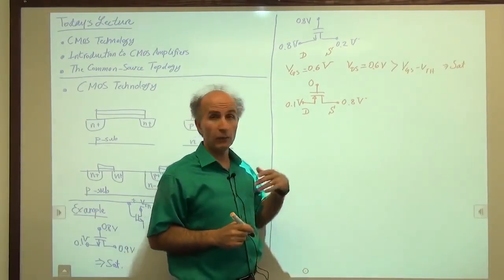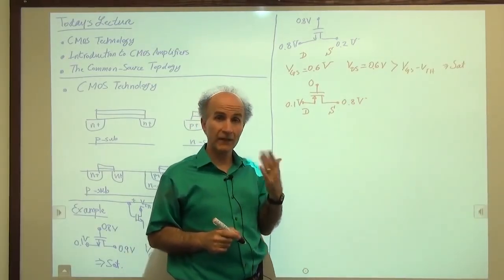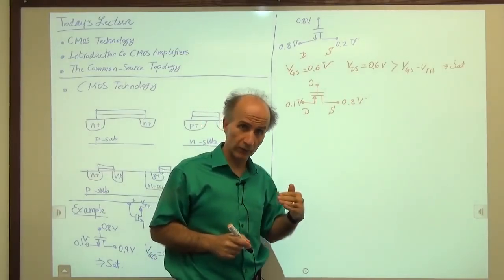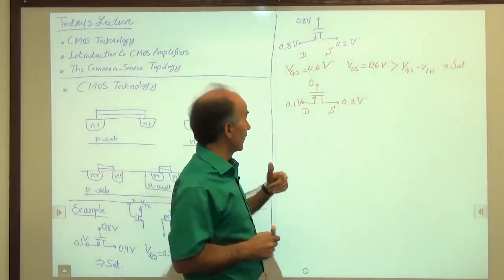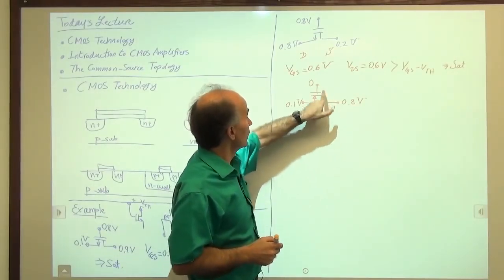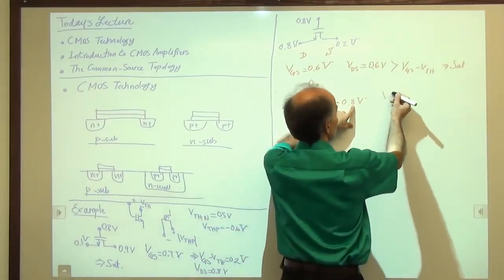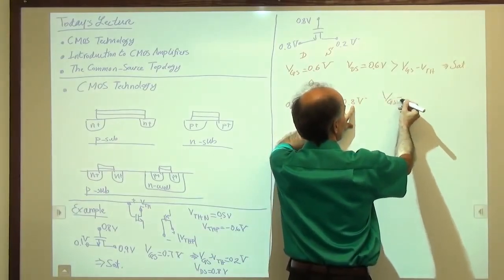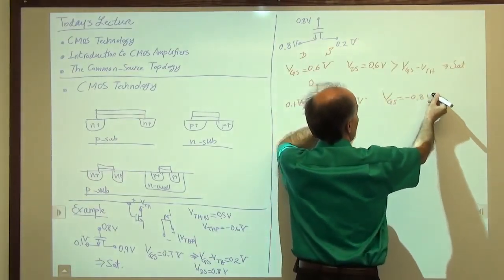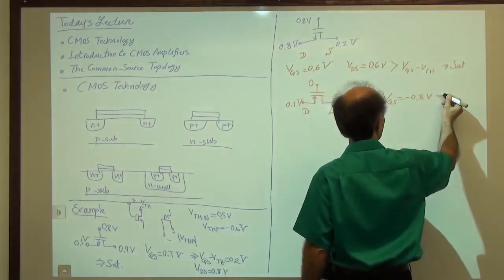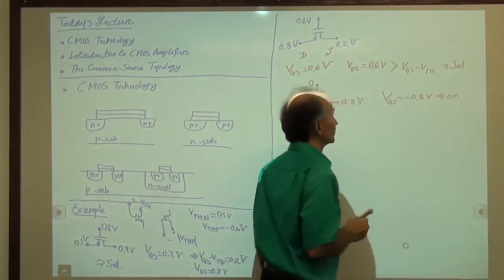Okay, now for a PMOS device, the gate-source voltage has to be negative, in fact more negative than the threshold for the device to be on. Do we have that situation? So the gate-source voltage is minus 0.8, right? So VGS is equal to minus 0.8 volts, which is more negative than the threshold. So the device is on. That's good.